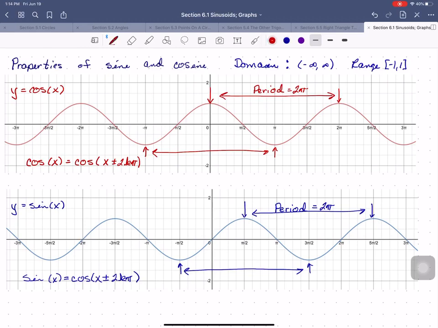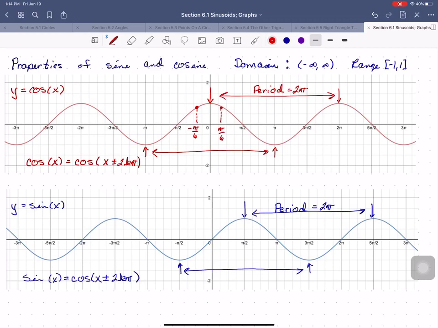Cosine is what we call an even function. And what that means is, notice that there's symmetry across the y-axis. So if I were to look at, for example, let's say this is negative pi over 6, and this is positive pi over 6.